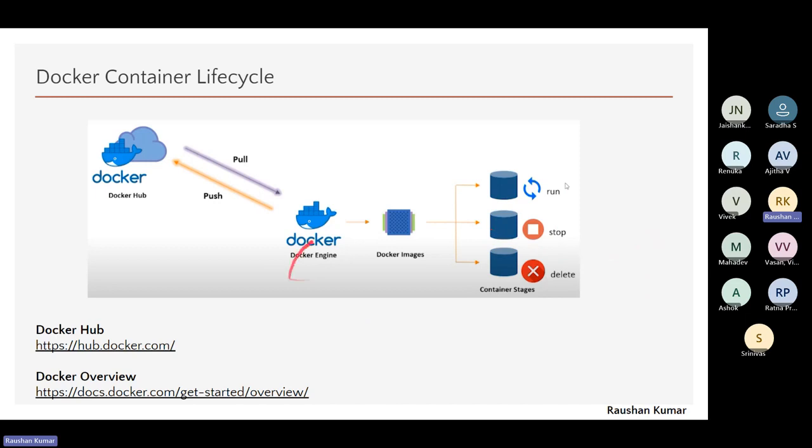So I have got the Docker engine and client, which I have installed. I need an image from somewhere, where I can pull the image from. Or if I'm creating the image, I can push it somewhere. Since we're talking about Docker, it hosts a lot of images from different companies, different vendors.